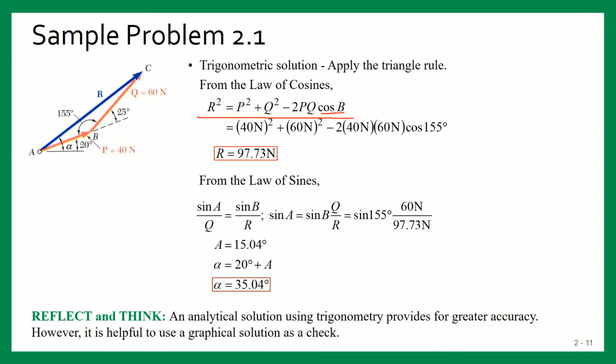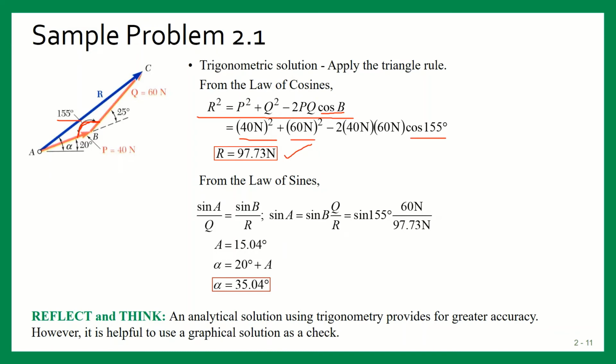So p is 40 Newton, q is 60 Newton, and the angle between both the forces will be 155 degrees. If you solve this equation, you will find the answer as 97.73. So it is very near to 98.